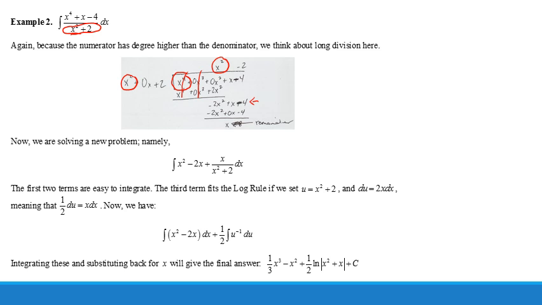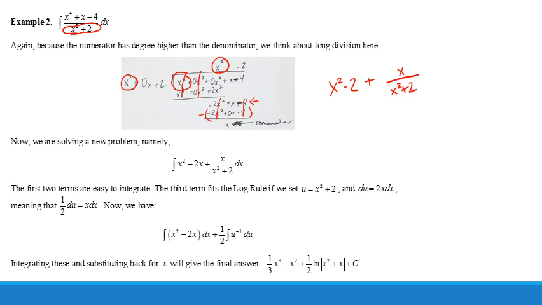When I end up subtracting this line right here, everything ends up canceling out except for x, and so that's my remainder. So what I'm left over with when I divide is my quotient, which is x squared minus 2, plus my remainder, which is x, over the original denominator, so x squared plus 2.